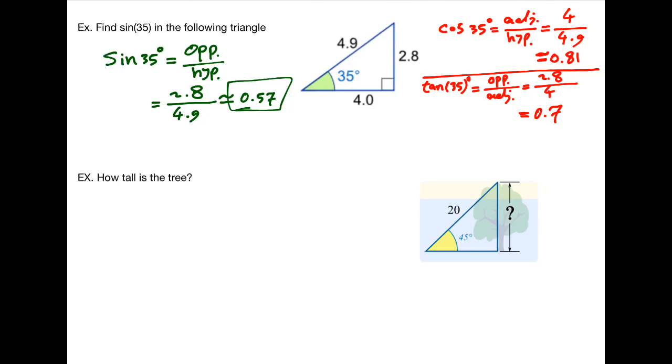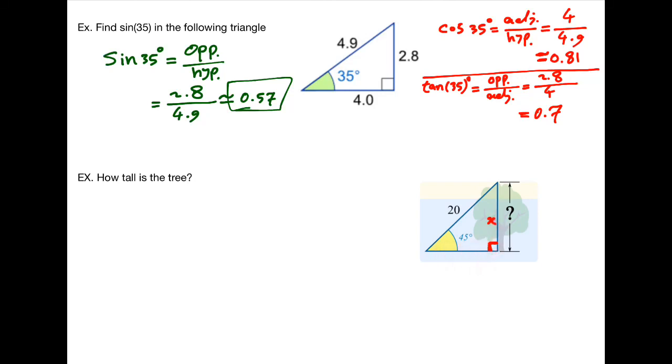By the way, this triangle is a right triangle, so this angle here is a right angle. How can I find the length of this side here? This angle is given, 45. This side is unknown. Hypotenuse is given, 20. And this side is also unknown.